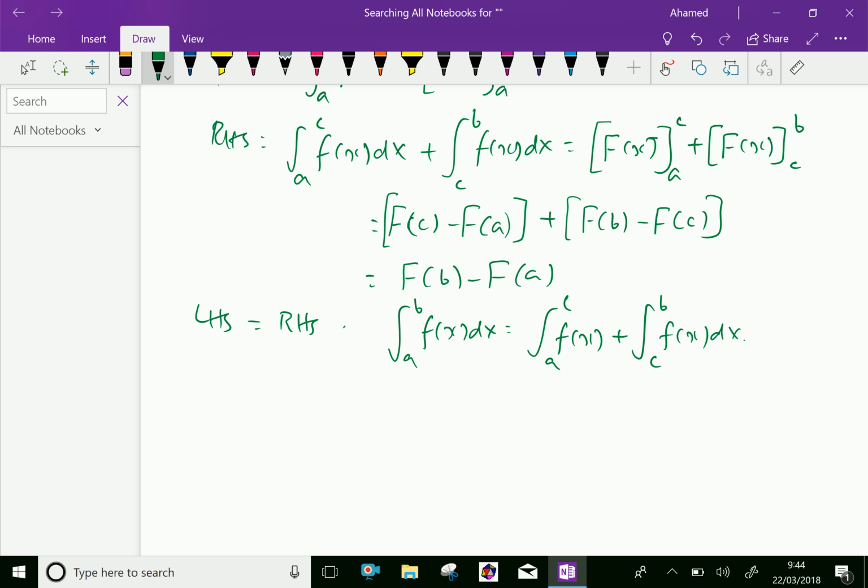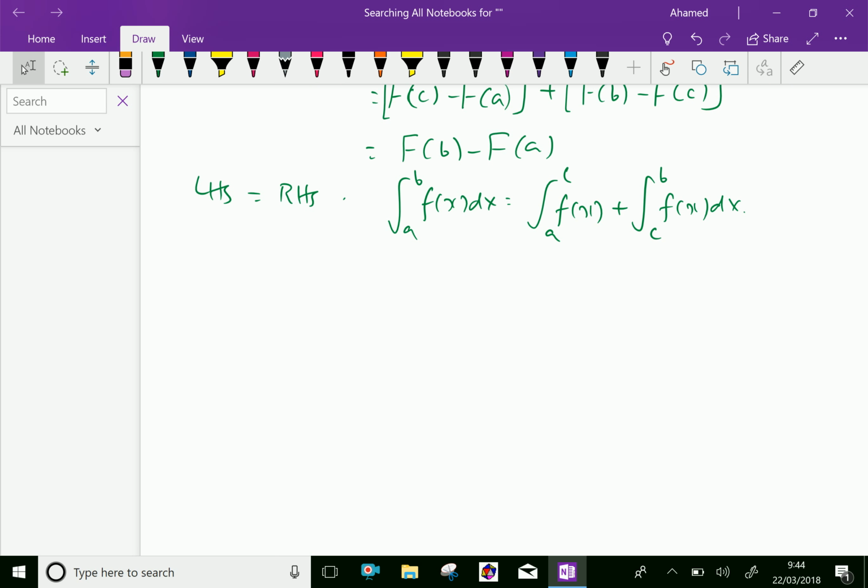Now we will illustrate this property by a figure. Here is the xy plane. Suppose a curve AB. We have to find the area under this curve.